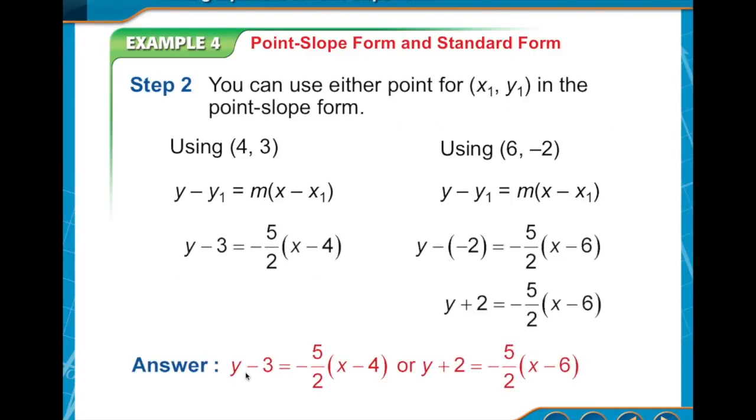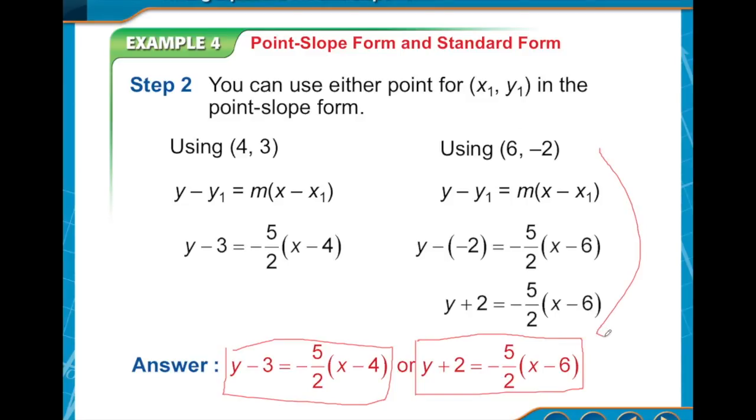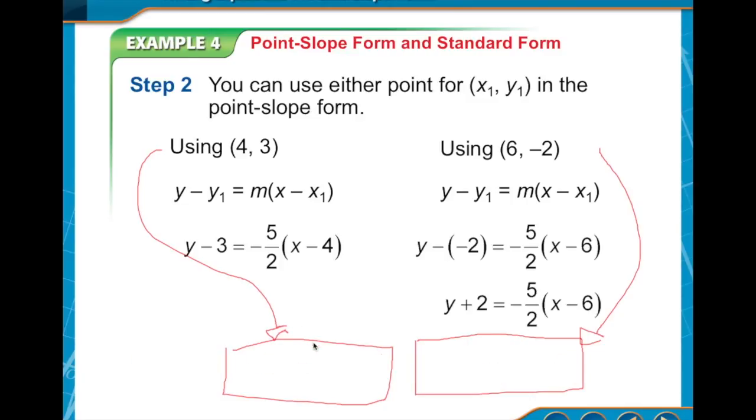So our solution, we need to have down either the first equation or the second one, depending on which point that you tracked. So this one tracks here, and our first point tracks here. It's okay for them to be different because different points give different equations for this form.